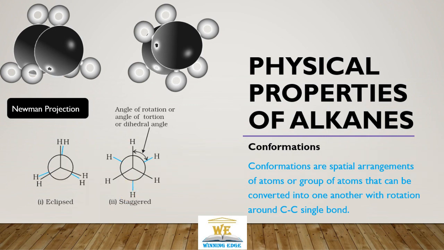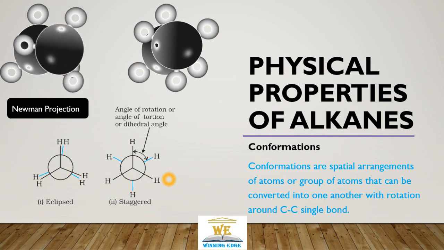And remember, this angle of rotation is called the dihedral angle. The angle between the two different hydrogen atoms in the Newman projection is called the dihedral angle. Another projection is called the sawhorse projection.